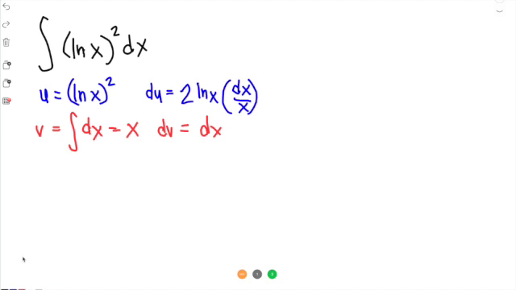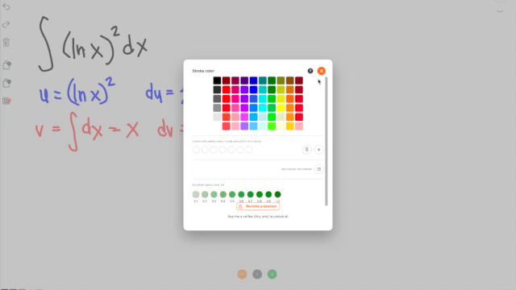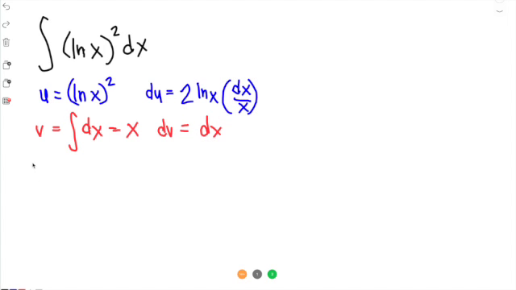Okay, so again, writing down our general formula for integration by parts, you have u dv, you already identified u and dv, which is (ln x) squared dx. That would be equal to uv minus the integral of v du. So v is x, du is 2 ln x dx over x.